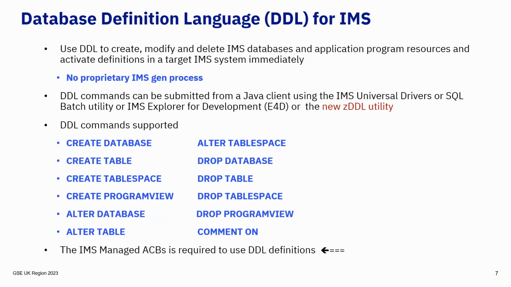And as I mentioned on the previous page, DDL can be submitted from a Java client using the IMS universal drivers, or DDL can be submitted using the SQL batch utility or IMS Explorer for development. And now we have a new way of submitting DDL, starting with IMS 15.3, and that's called the ZDDL utility.